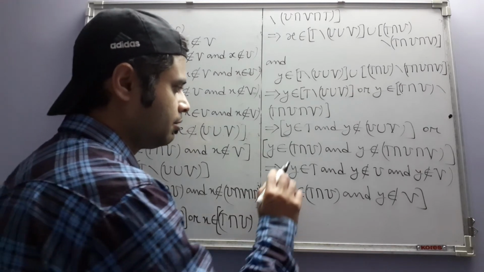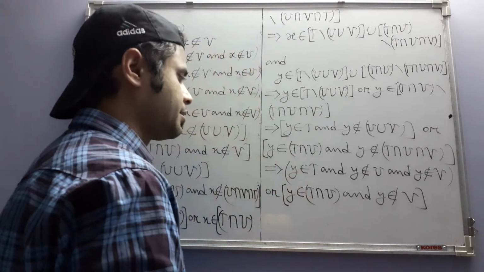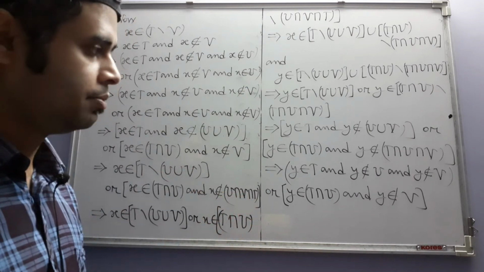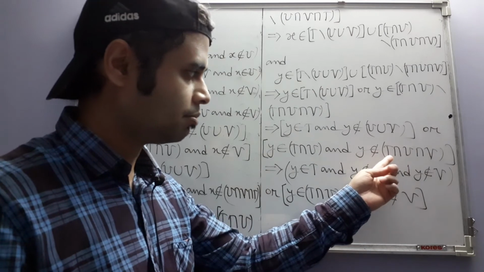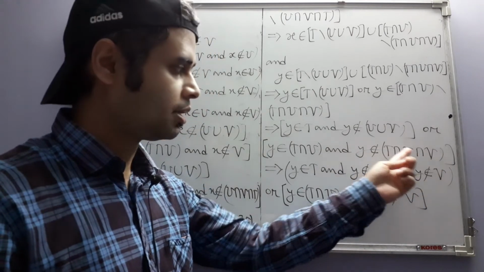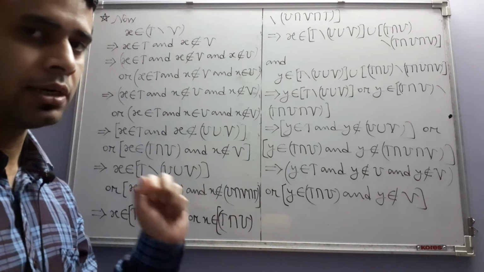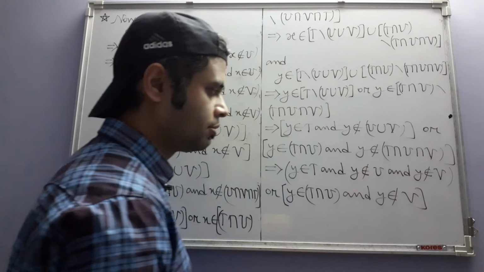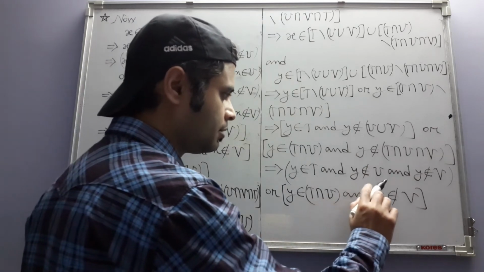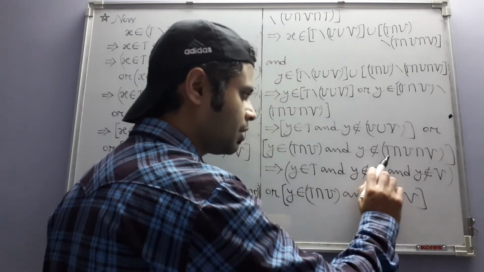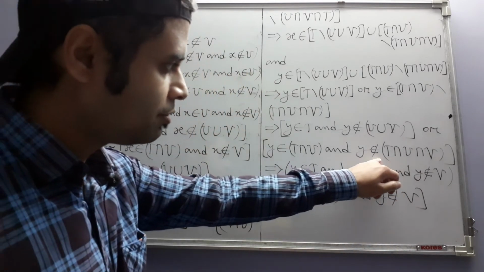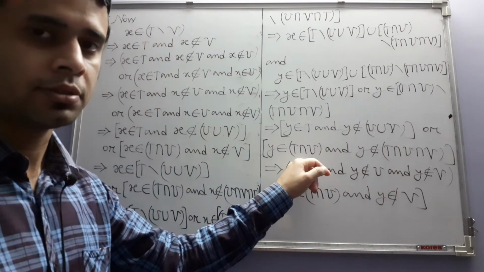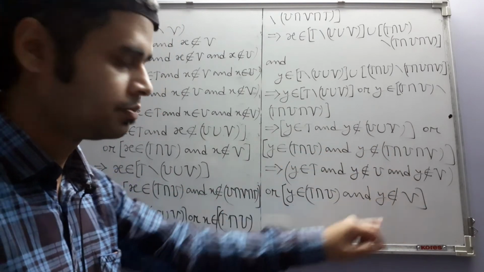So y is in t as well as in u. Now if y is also in v, then y would automatically belong to this intersection, but that is not the case. It's given that y does not belong to that intersection of the three sets. So y cannot belong to v, and that's why we are able to write this in place of this. Not simply from this, because that is not true, but additionally using this one also, we can conclude this.